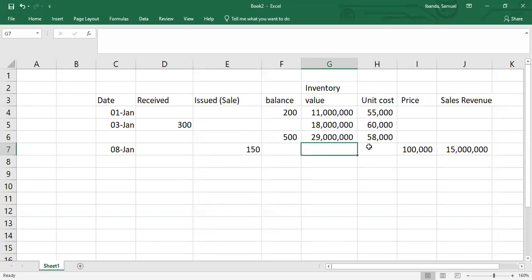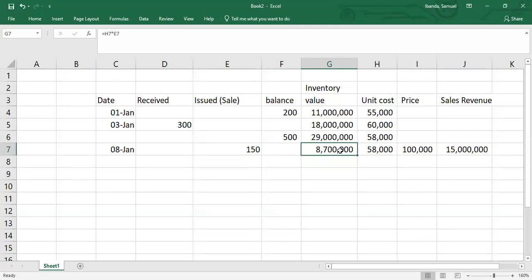Will be valued at a unit cost of how much? Of 58, because 58 is our weighted average unit cost right here. So if I get this value of inventory, this is valued at 58.